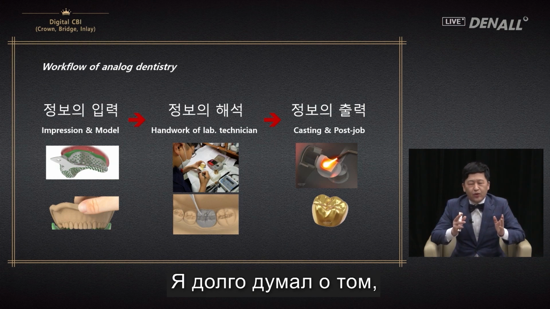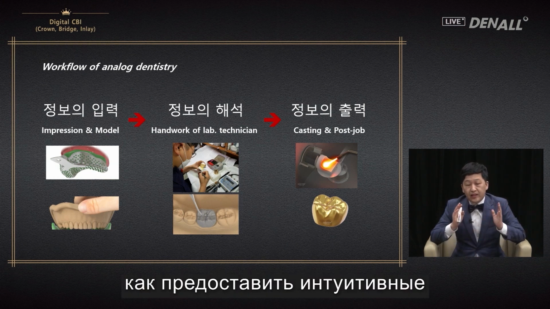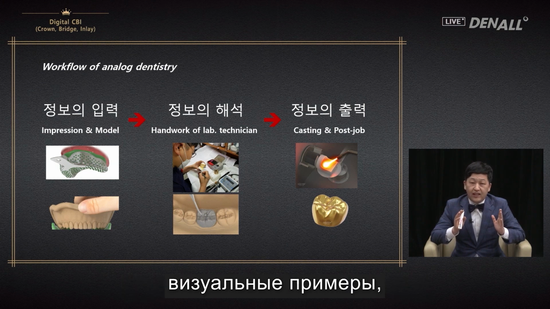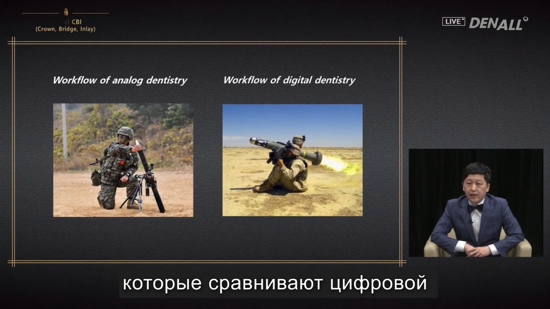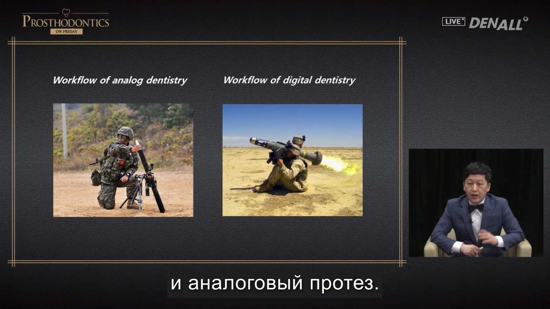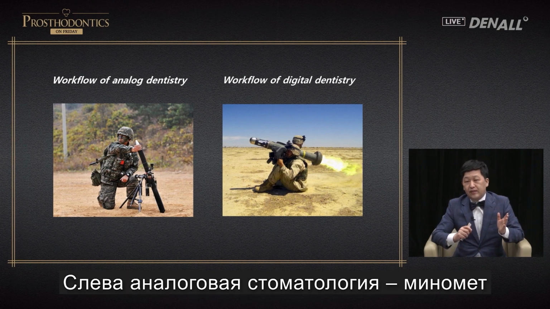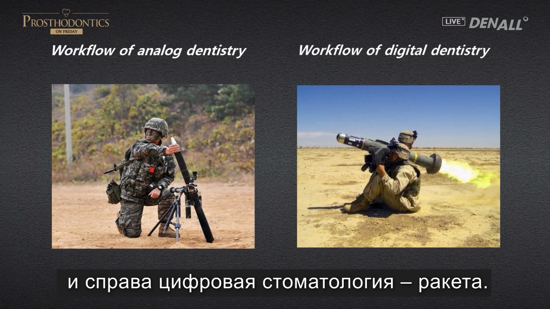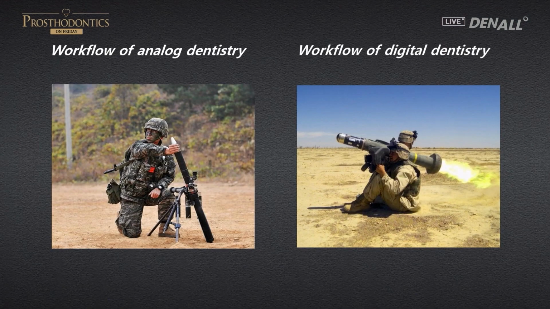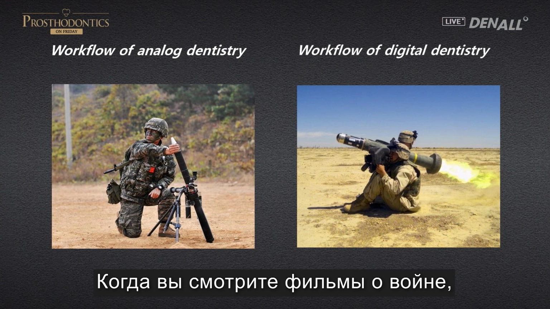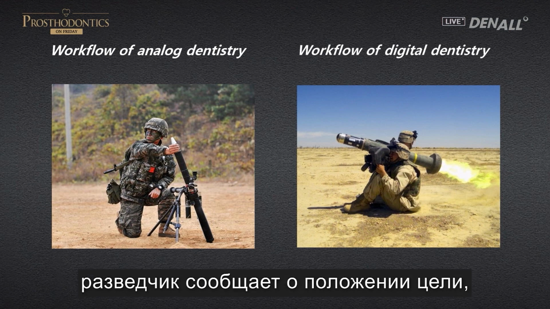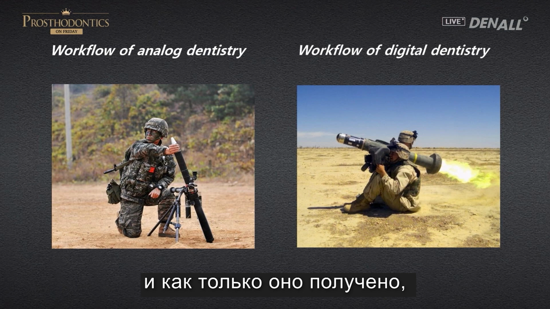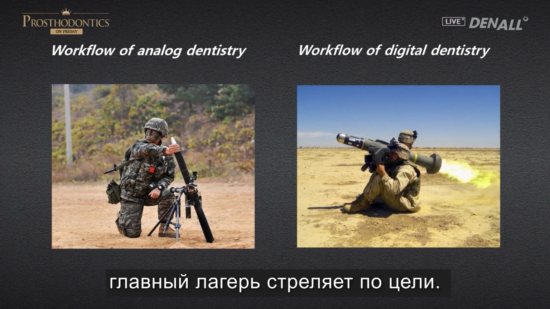I've thought long and hard about how to provide an intuitive visual example which compares analog and digital prosthesis. On the left is analog dentistry, the mortar, and on the right is digital dentistry, the missile. When you look at war movies, the scout reports on the target position, and once this is received, the main camp shoots at the target.